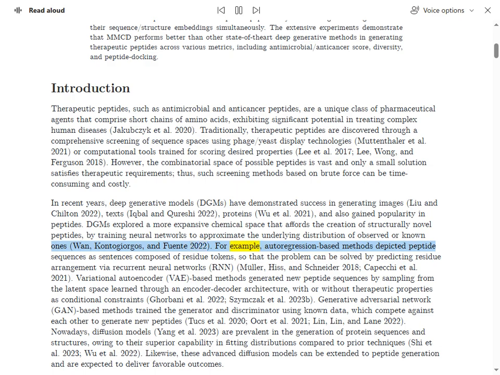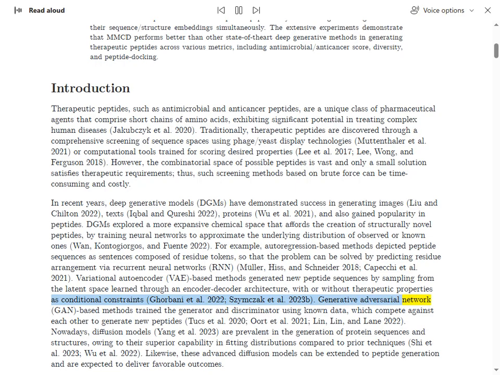For example, autoregression-based methods depicted peptide sequences as sentences composed of residue tokens, so that the problem can be solved by predicting residue arrangement via recurrent neural networks, RNN, Muller, Hiss, and Schneider 2018, Capecchi et al. 2021. Variational autoencoder, VAE, based methods generated new peptide sequences by sampling from the latent space learned through an encoder-decoder architecture, with or without therapeutic properties as conditional constraints. Gorbani et al. 2022, Simzak et al. 2023b.